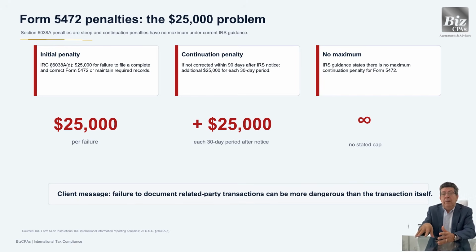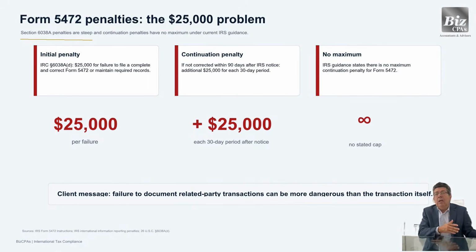And keep in mind, if the IRS were to send you a notice because they found out somehow, somewhere, that you have not reported this form, after you receive the notice, you get an additional $25,000 penalty per each 30-day period. That means per month, there's no limit, $25,000. Now this is drastic penalties. There's no maximum, compared to the 5471 that there's a max or cap of $50,000 per incident. There's no limit right here.